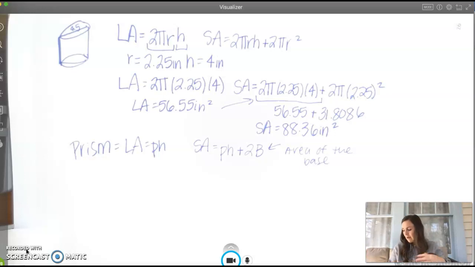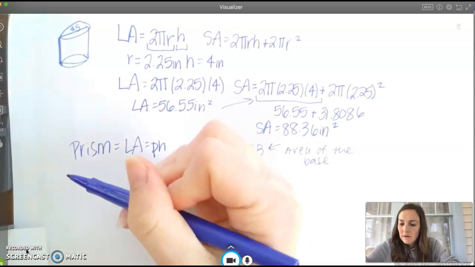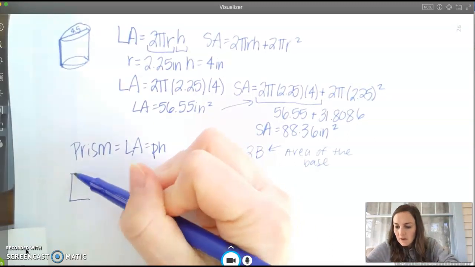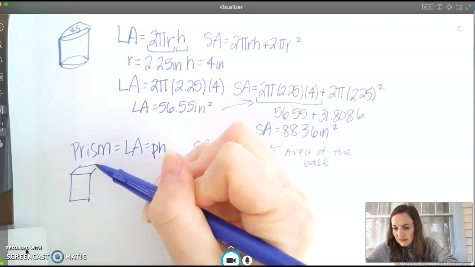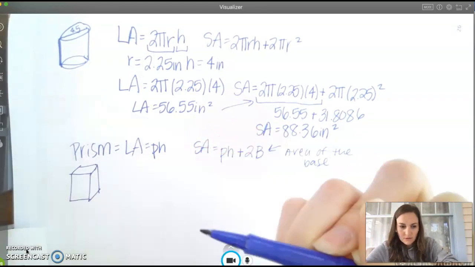So I'm going to measure this one right here. To find my length here, it is 7.5. I'll draw this. I'm not very good at this. My husband is very good at drawing the 3D shape.